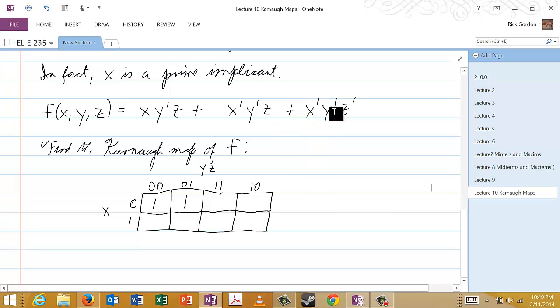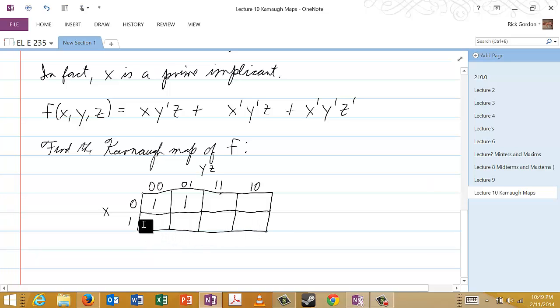And the third term will be 0 because y is equal to 1, and so y prime would be 0. So the function is also 0 under these circumstances right here. And now we're ready. We've checked all the cells on the first row. Now let's check the cells on the second row.